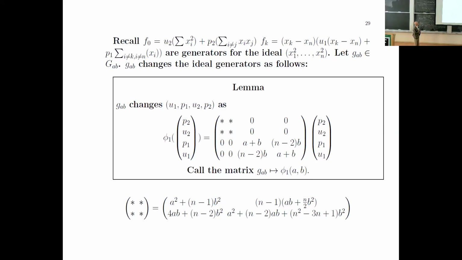By simple computation, I obtained these matrices, these elements. G_AB changes this vector to this.